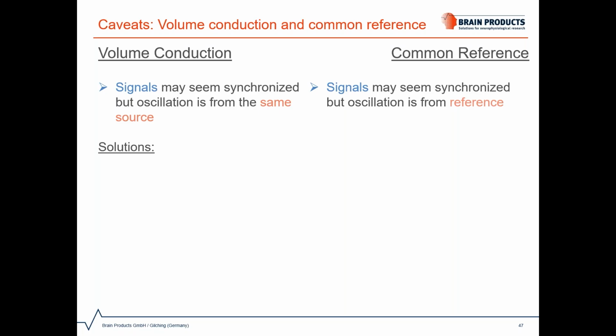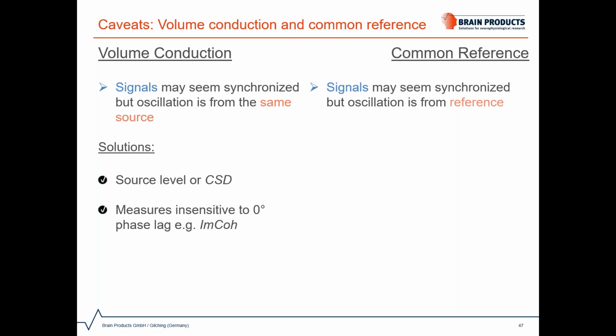Some solutions to these problems are: to tackle the issue of volume conduction, we can use the imaginary part of coherency, as we have done, on the one hand, and on the other hand, you can also use the current source density, which we also have done. However, whether or not they are used simultaneously is up to the research question.